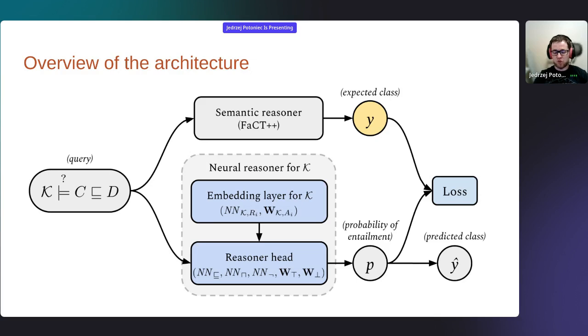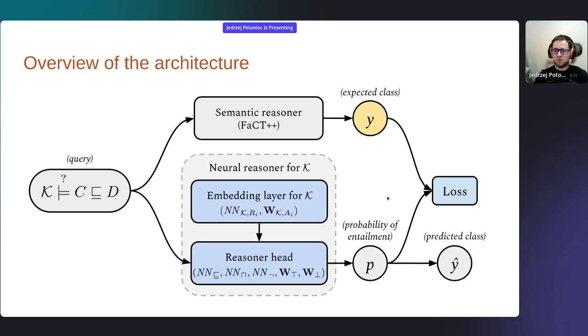This way, we obtained a very nice thing in the world of machine learning, namely a dataset which was noise-free. Every label was necessarily correct since it was generated by a logical reasoner, which, if implemented correctly, and that's what we assumed about Fact++, doesn't make any mistakes.